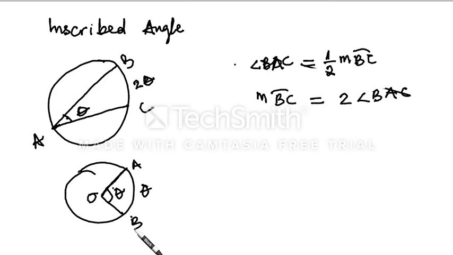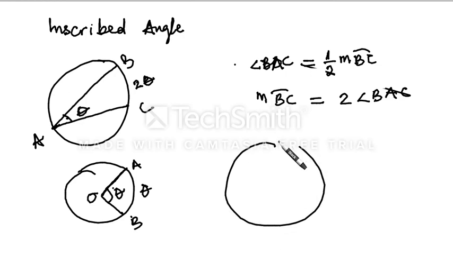Good. So judging from this, we can merge the first circle. This is the central angle and this is the inscribed. When we combine the two, we can get a figure like this. Just want to make it a little bit bigger.